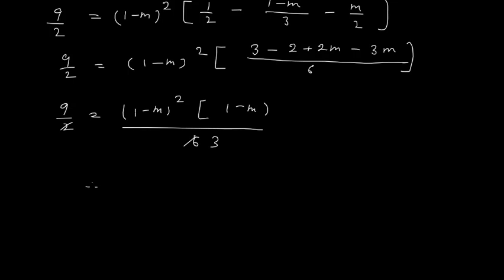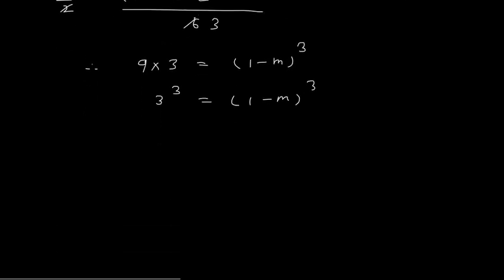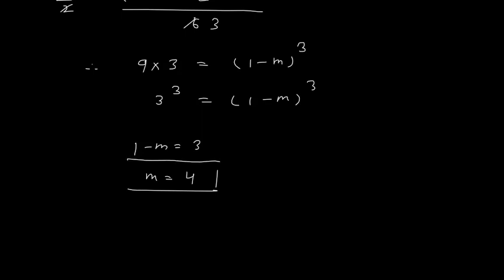Therefore, I have 9 into 3 equals 1 minus m the whole cube. Now this is actually 3 cube, and here it is 1 minus m the whole cube. So from this you understand that 1 minus m equals 3, that gives m equals 4. So the value of m is 4.